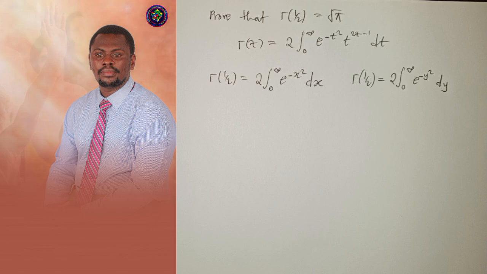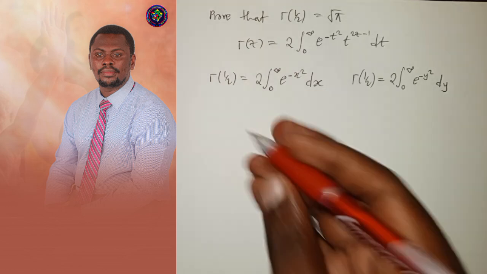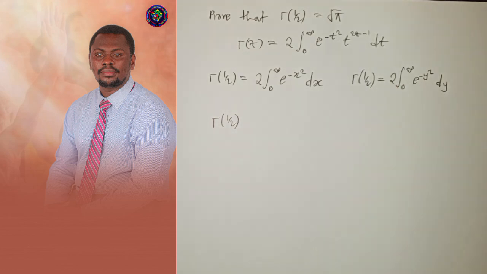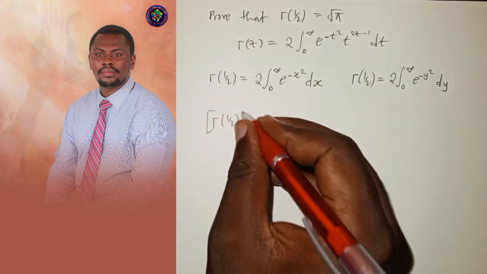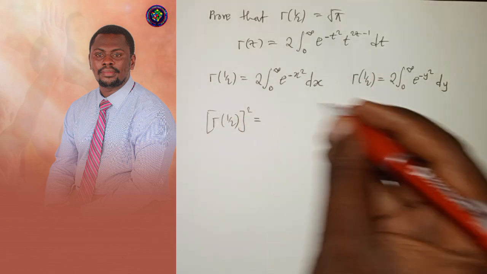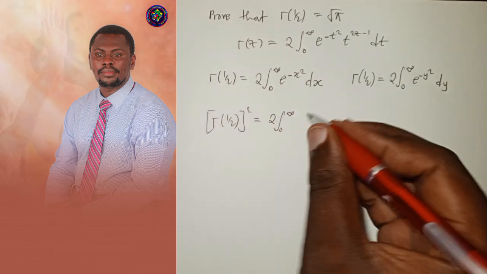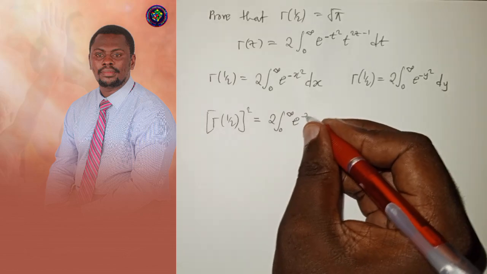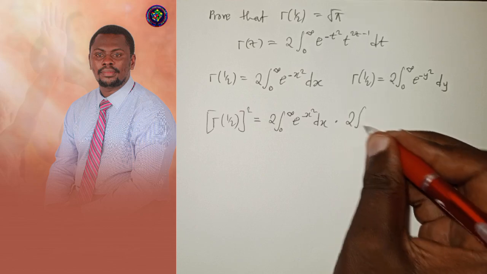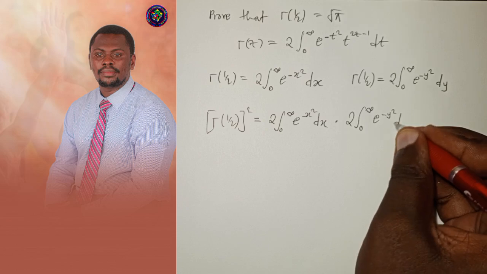We are going to multiply the two expressions. So we have gamma of half multiplied by gamma of half, so gamma of half squared is equal to, when you multiply these two, you just combine them. We have 2 integral from 0 to infinity of e to the minus x squared dx multiplied by 2 integral from 0 to infinity of e to the minus y squared dy.